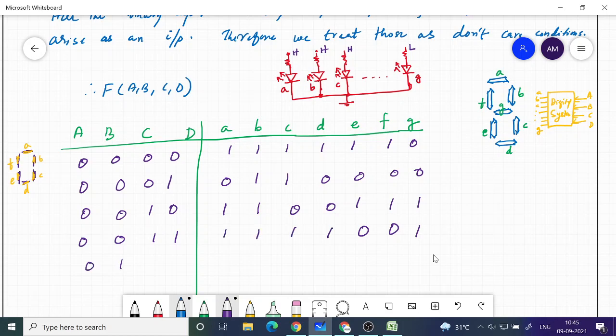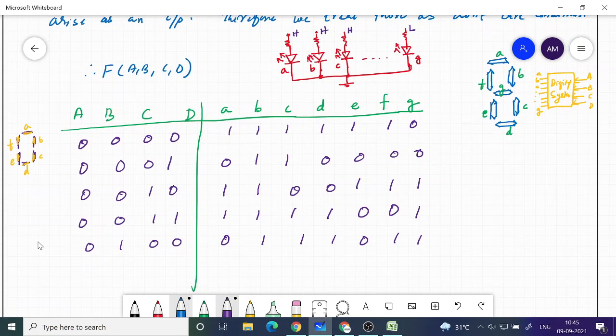Then 0, 1, 0, 0. F, G, C should be 1. So A and E, we can keep 0, right? Yes, sir. All other 1. Okay. Sir, A, E, and D also should be 0.